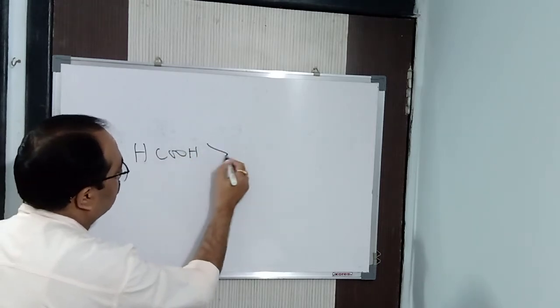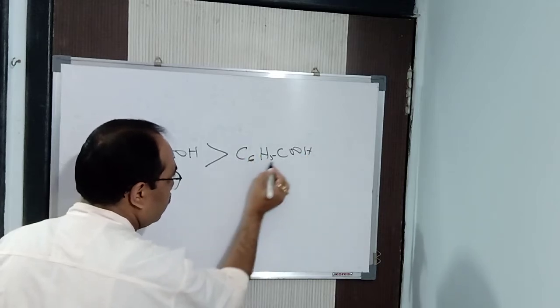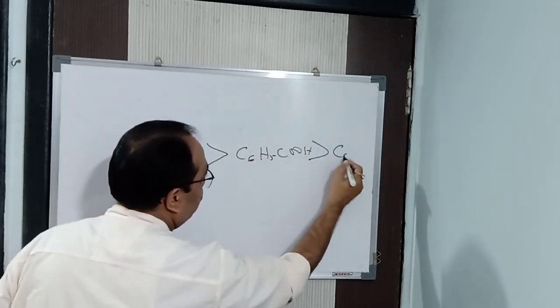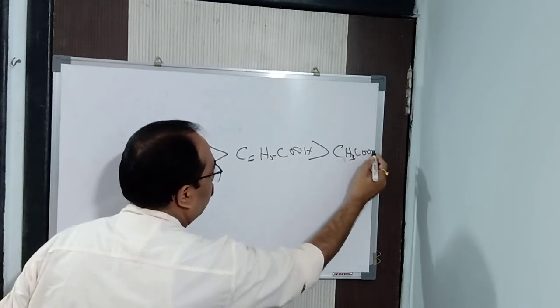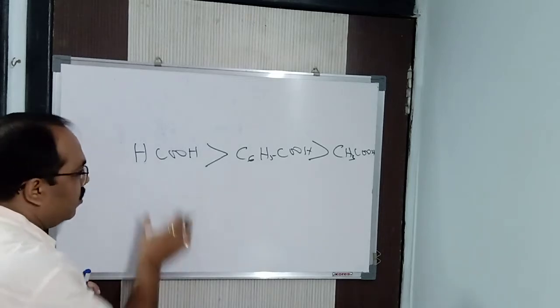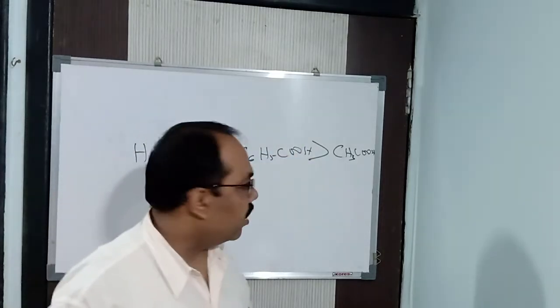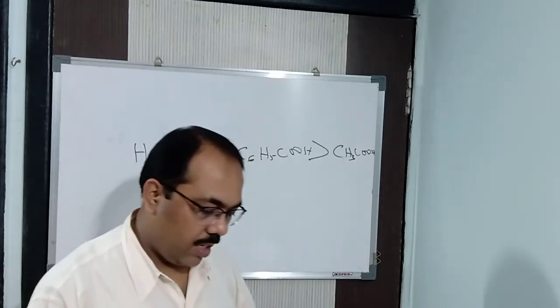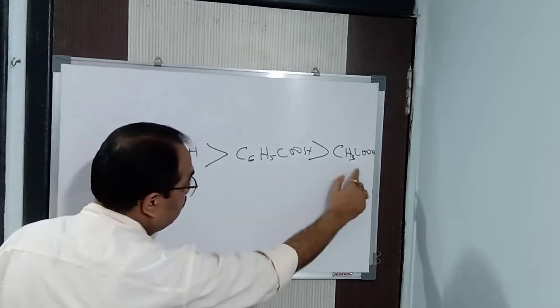After formic acid, you will have benzoic acid, an aromatic substituted carboxylic acid, which is greater than CH3COOH, an aliphatic substituted carboxylic acid. So this is stronger than the aliphatic one. Clear? So in this way we come to know about it. The acidic strength decreases in this manner.